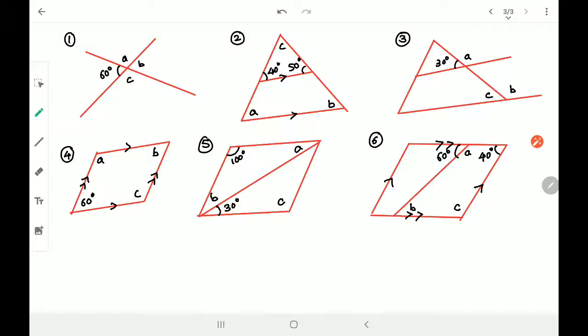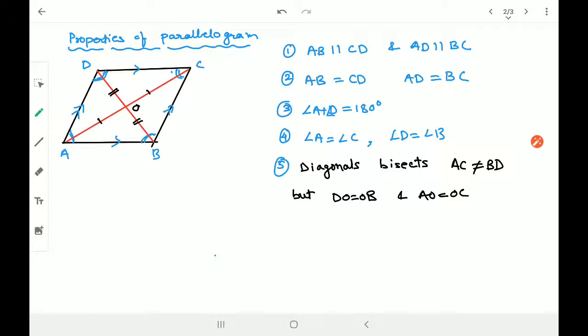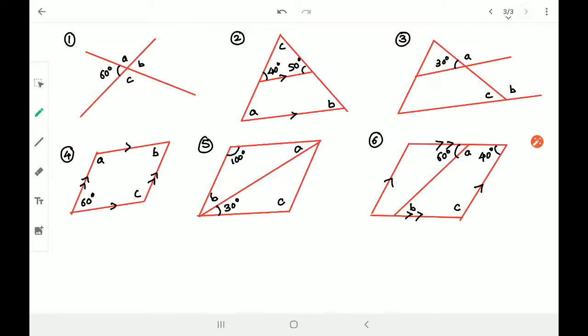In all the questions you will be finding A, B and C. Try, guess, whatever happens, there is no problem. I have already given you the properties in the previous video. I have given you this exercise only and only for angles. So knowing a few properties of angles like vertically opposite angle, linear pair, corresponding angle, alternate angle, interior angle, you have to solve it if possible.